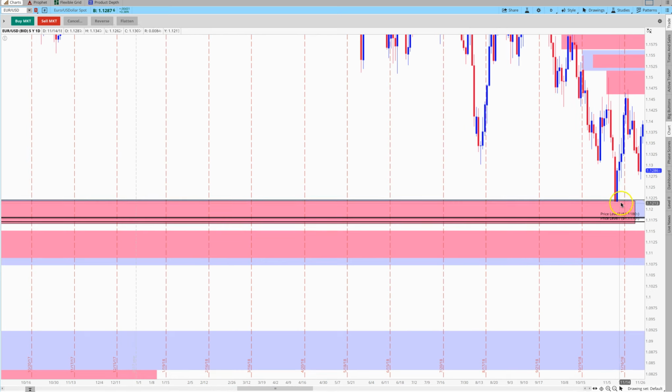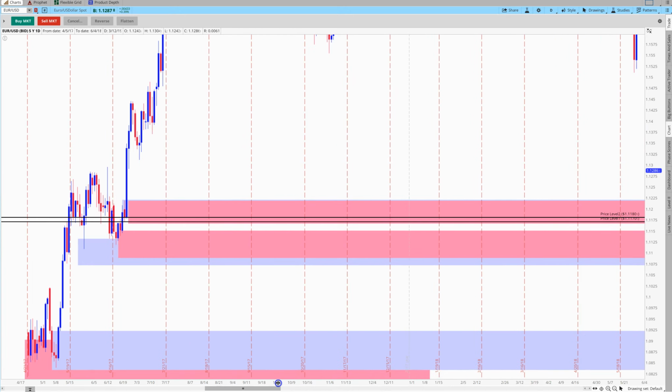So now that I've extended this box, and the reason I extended these boxes after I cut them down to the daily time frame is because there were no more wicks here on the daily time frame. So I cut these boxes down and extended them back to here. And that's what pointed my eye to be here. Now that I'm looking at this, because I can see that this box is purple and this box is pink, I know that this extension is from a monthly box of unfilled orders, because purple was a monthly color, and a weekly color.